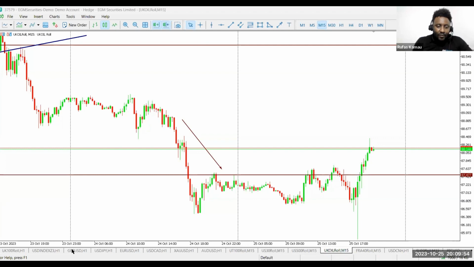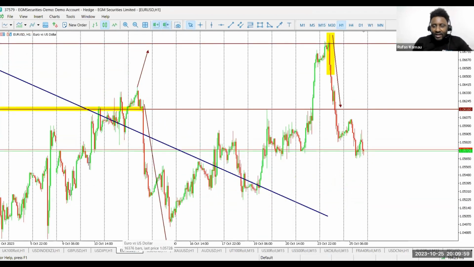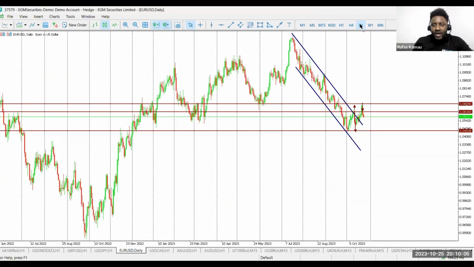I'll be using a very simple asset. Let's use the most commonly traded asset, which is the EUR/USD. EUR/USD has been on this path. We use a higher time frame to indicate what has been happening. From around August last year, EUR/USD has been gaining against the dollar, pulled back somewhere.